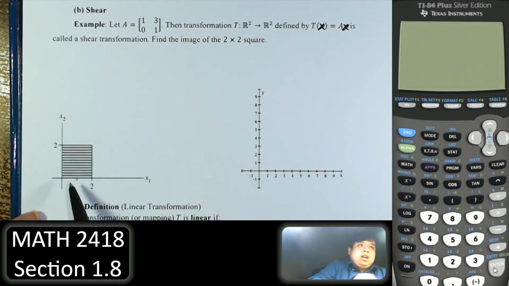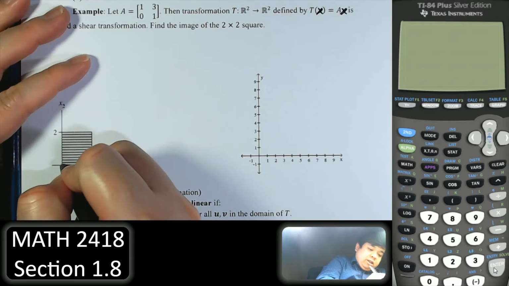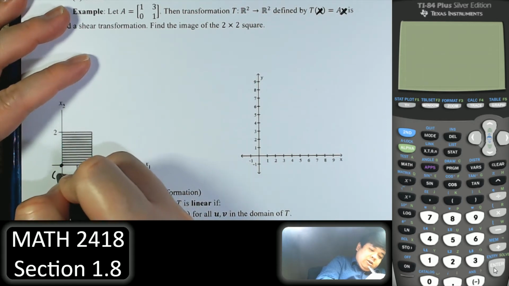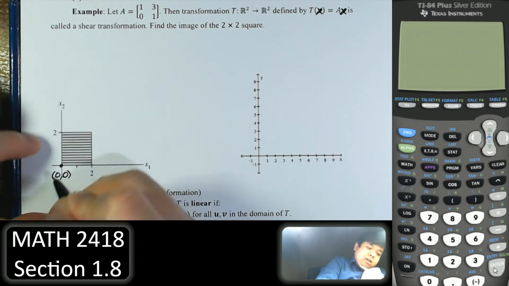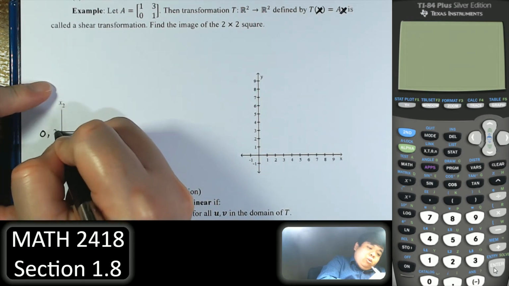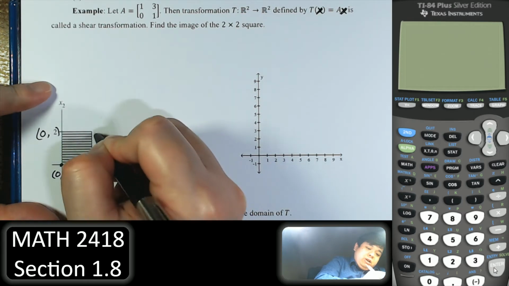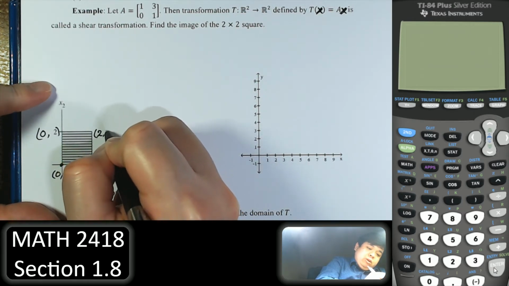So we're trying to find the image of this. This image will have the following points: obviously 0, 0; this point x equal to 0, y equal to 2; this one x equal to 2, y equal to 0; and the point 2, 2.